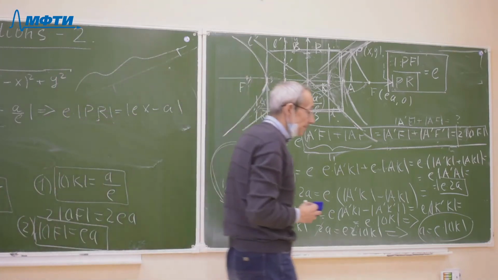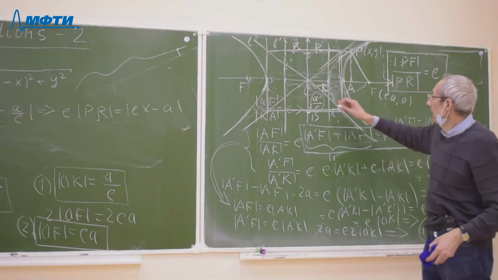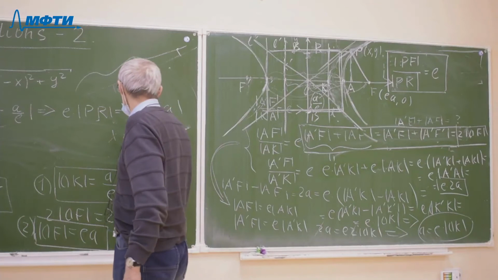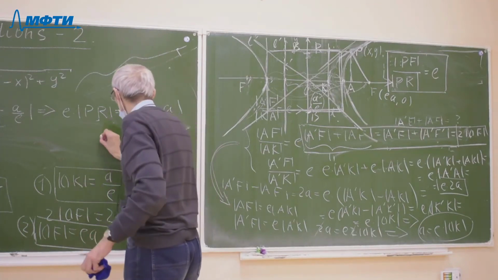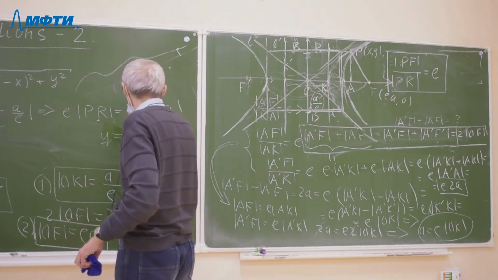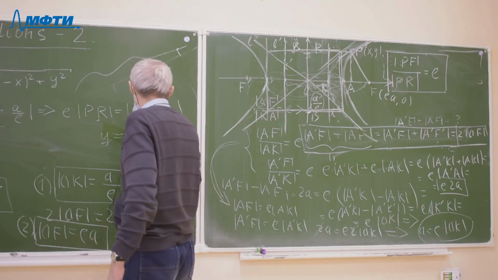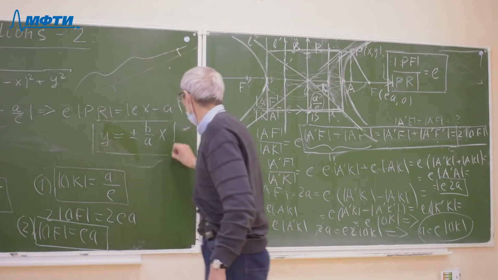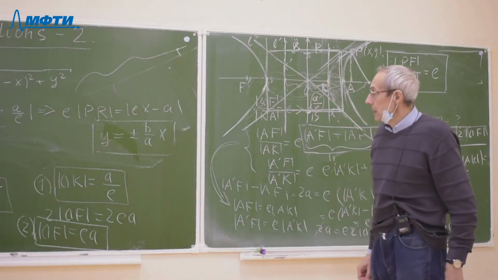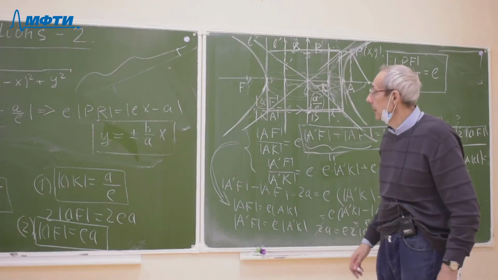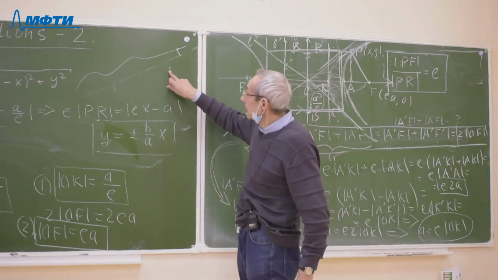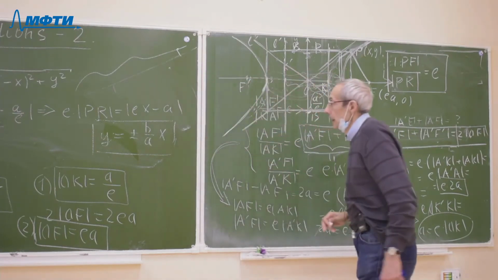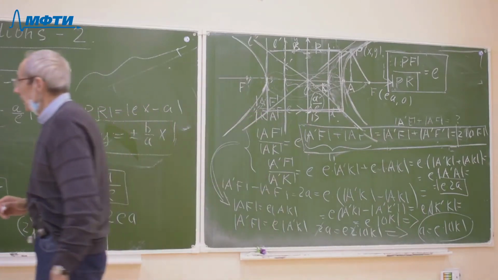And we prove that in the case of hyperbola, the two straight lines defined by the equation y is equal to plus or minus the ratio b over a times x are asymptotes and satisfy this definition.